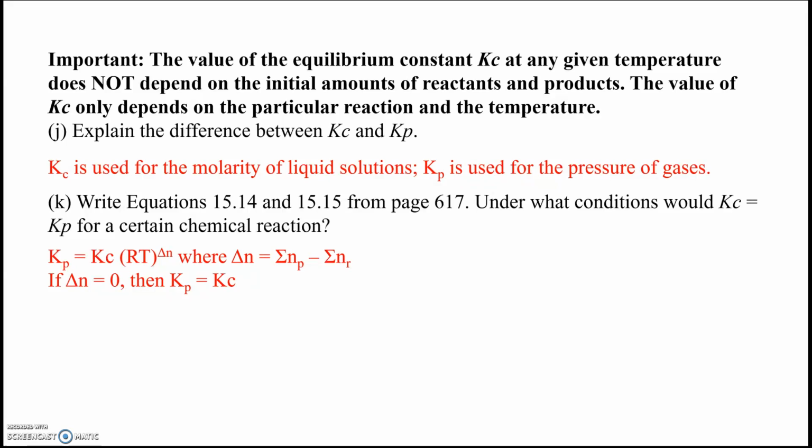Kp is equal to Kc times RT from the gas law raised to the power of delta n, where delta n is equal to the sum of the moles of the products minus the sum of the moles of reactants. So if the number of moles of products is equal to the number of moles of reactants, then delta n is equal to 0, and the equation reduces down to Kp equals Kc.